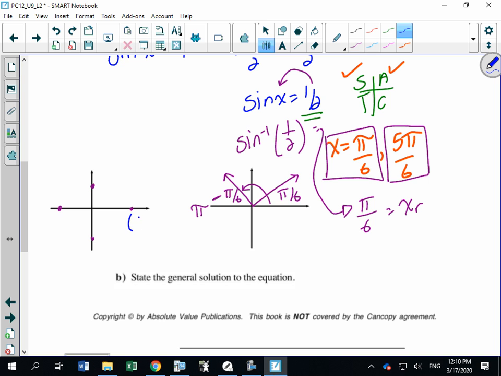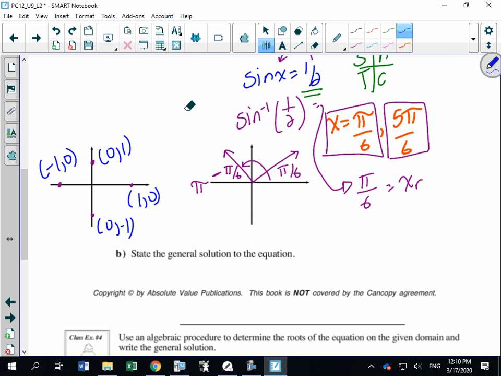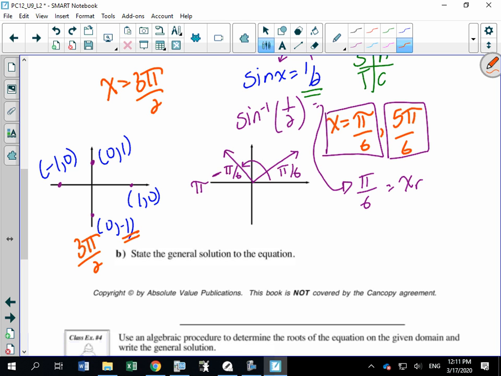These coordinates are 1 and 0, 0 and 1, -1 and 0, 0 and -1. Where is sine -1? Where is y -1? That would be right here, and this is at 3 pi over 2. So my last solution is x is equal to 3 pi over 2.